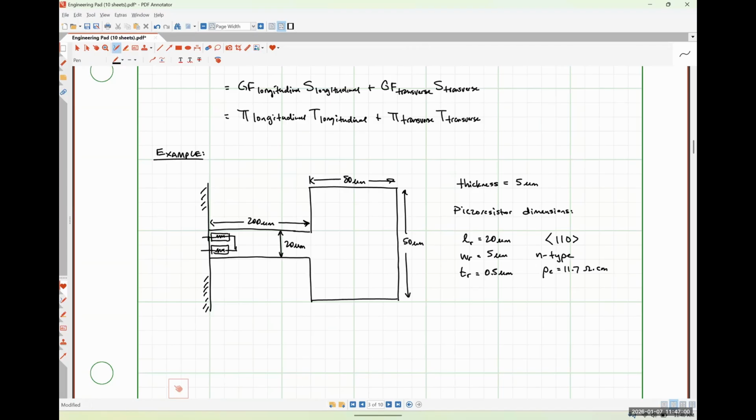And we're going to be applying a force directed into the page so that we're trying to cause this beam to deflect into the page.